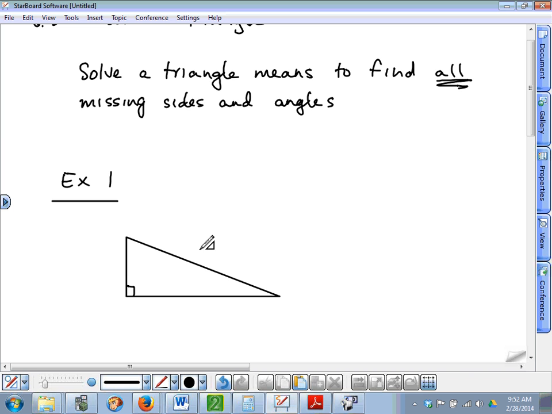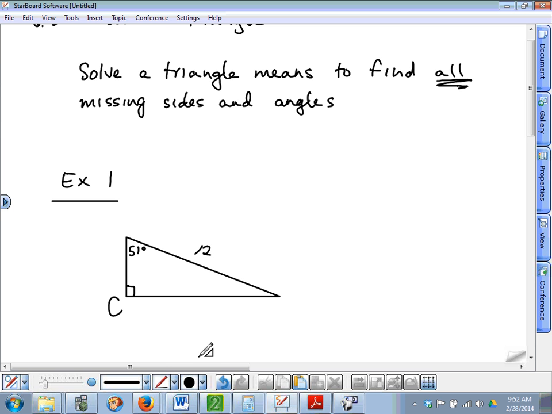If we knew the hypotenuse was 12, and we knew, let's say, that this is a 51 degree angle, and you're also going to see letters around here.